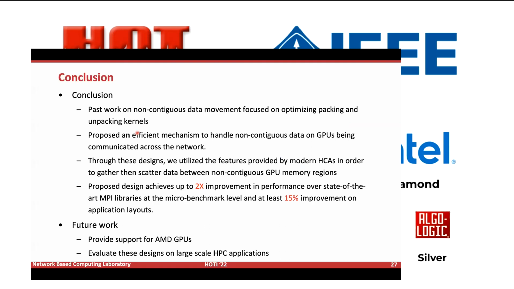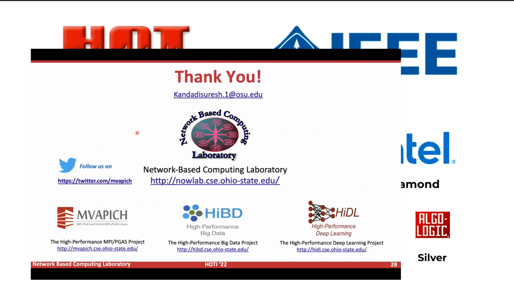Finally, we showed the efficiency of our scheme both at the micro benchmark level and at the application kernel level. In the future, we'd like to extend this support to other AMD GPUs and also evaluate these designs on large-scale HPC applications. Thank you for patiently listening. I'm open to questions now.